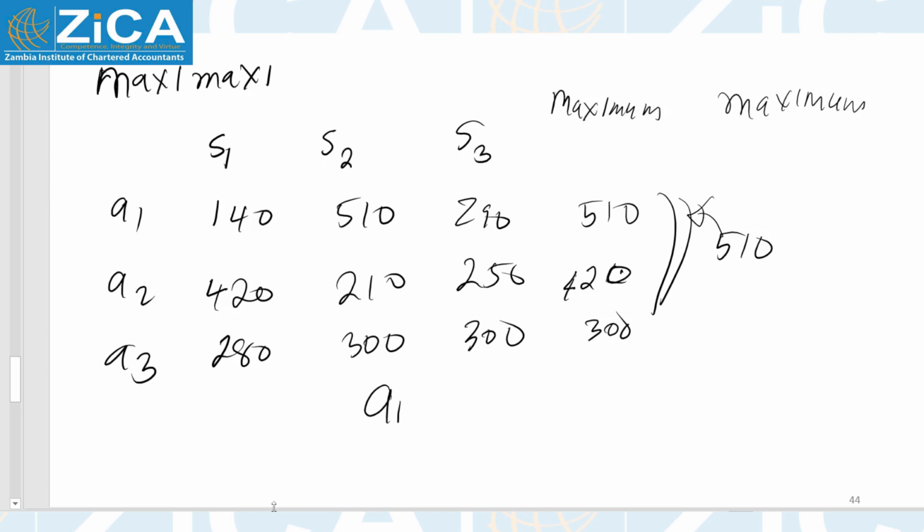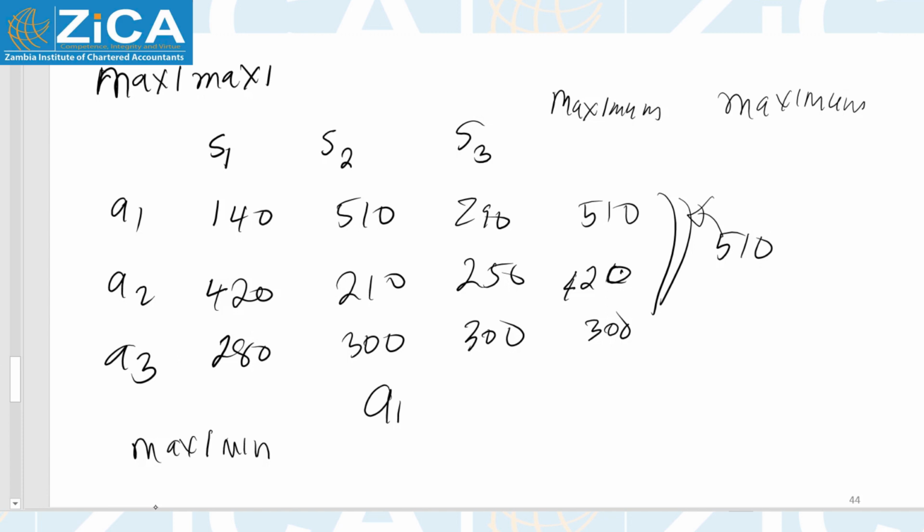If you look at the next criteria, which is supposed to be maximin. When you look at maximin, you are looking at, first of all, what will be the minimum there?